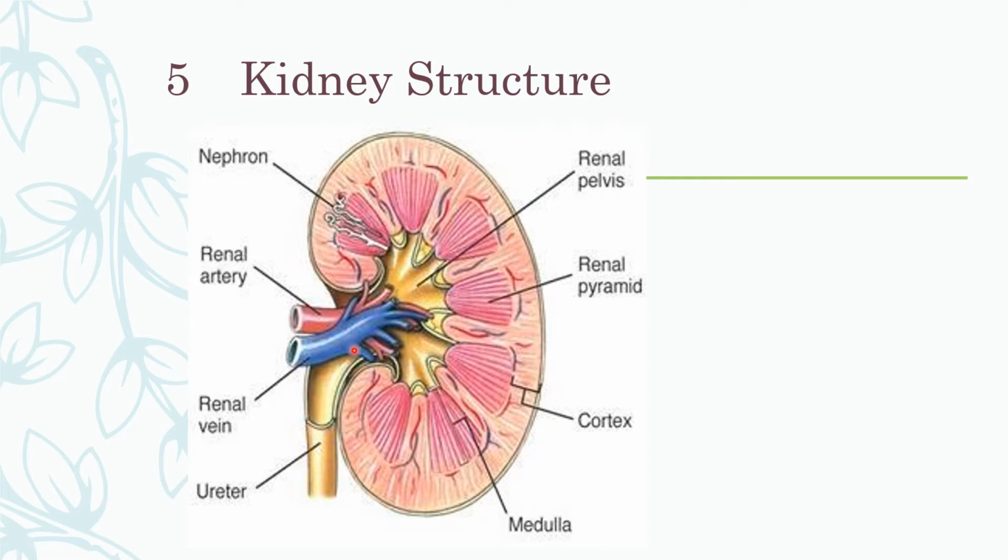So we filter things within the renal pyramids, which lie within the medulla. Those unwanted waste products will then gather in the renal pelvis, where they will be moved into the ureter so that we can move them down to the urinary bladder to be stored.